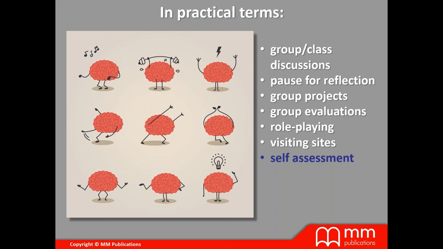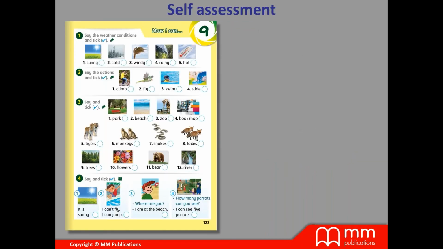Okay, students must realize and be aware of what they are learning. One way that you can do this for young students is to get them to, for example, realize what vocabulary words they've learnt at a very simple level, okay, for the first few grades, and what structures they have learned. So students will understand, for example, oh, I know how to say trees, flowers, bear, and a river in English, and I know how to talk about the weather.